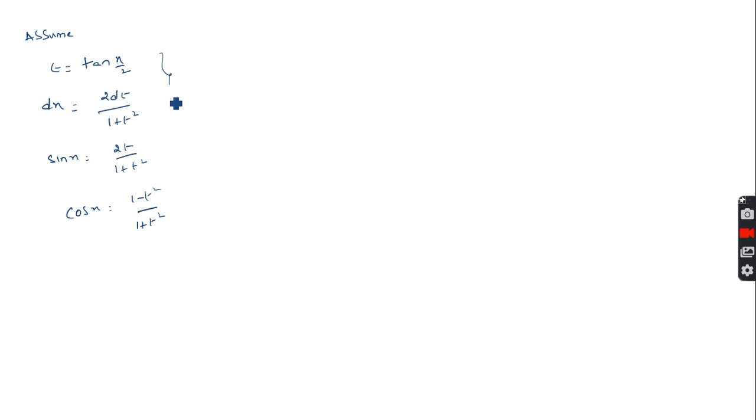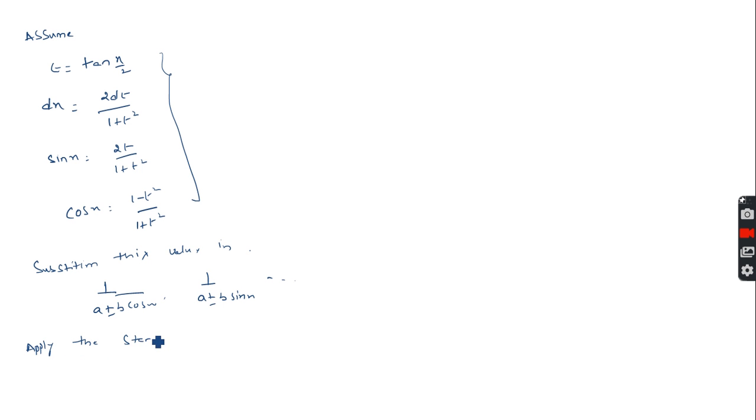We substitute these values in either a plus or minus b cos x or a plus or minus b sin x and so on, and apply the standard integration formulas.